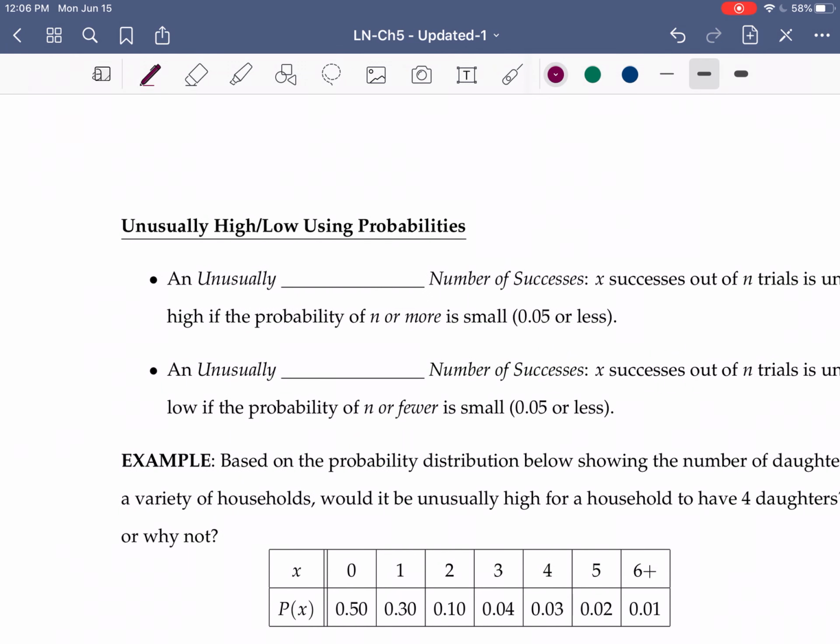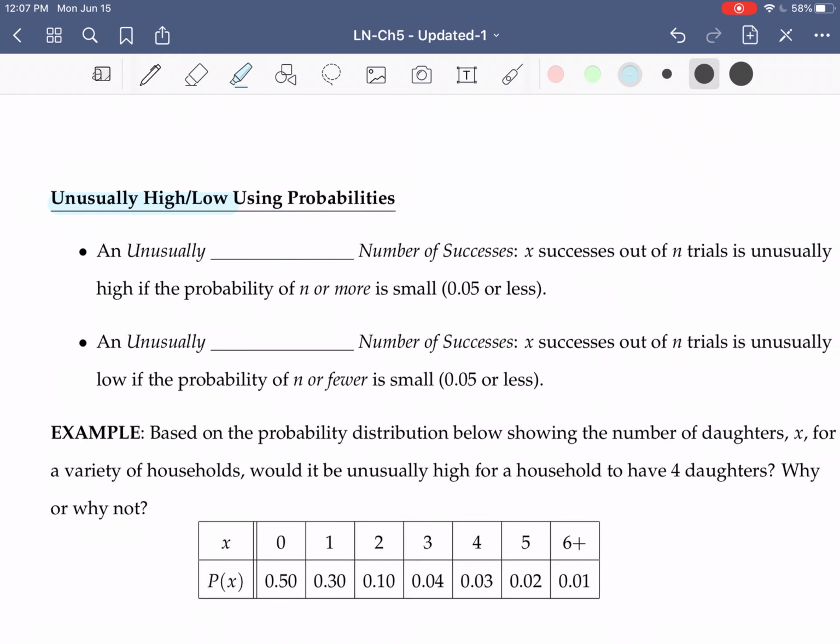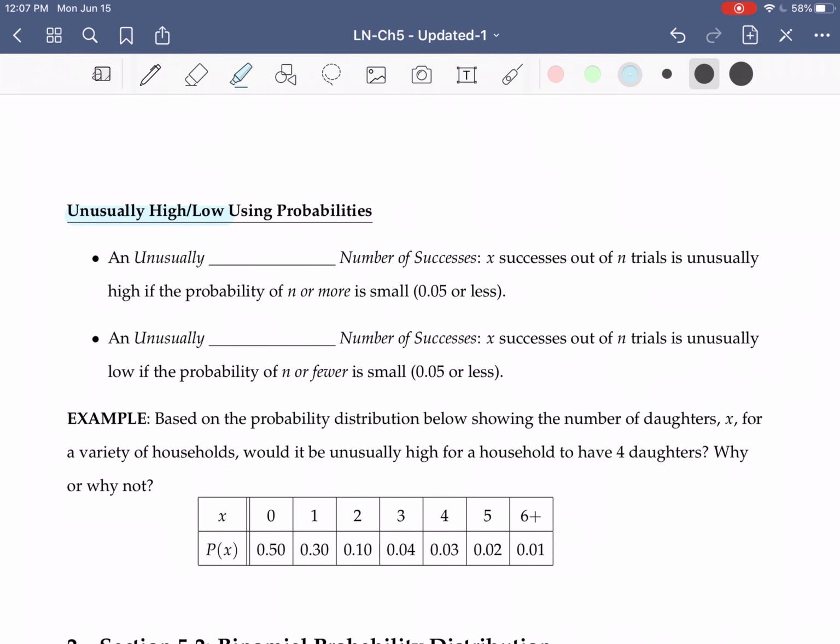Now we're going to determine not if a single value is unusual, but more precisely, is it unusually high or unusually low? So when we think about unusually high, we think of an unusually high number of successes if x successes out of n trials has a probability that is really small, that is 0.05 or less.